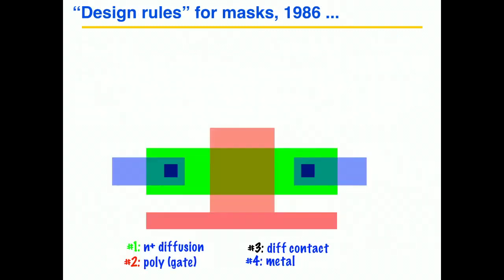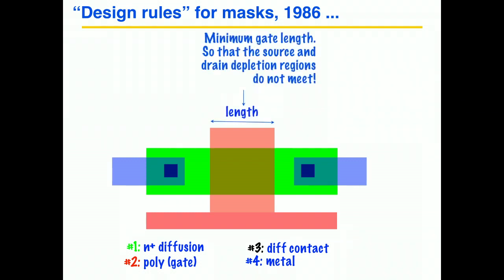Okay, so there are design rules that are used by people who design the layout of these circuits to make sure that things are fabricated correctly. For instance, there's a minimal gate length here. If you made it too small and things got a little bit off in the processing, maybe the gate region would just go away.